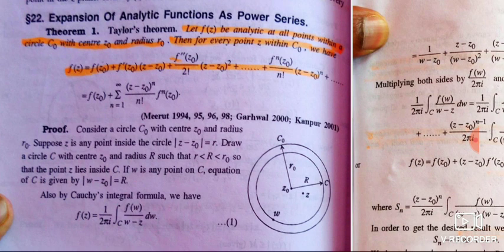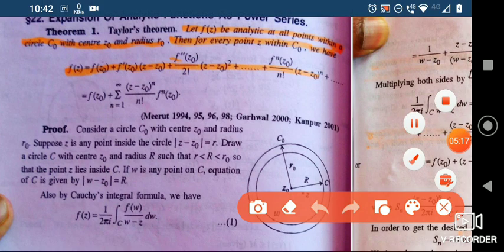So, proof. We have to consider a circle C0. It's mainly about its outer boundary, but let's say it is a circle, and its radius is r naught. Don't think about capital R or Z at the moment. So r naught is the radius and Z naught is the center.